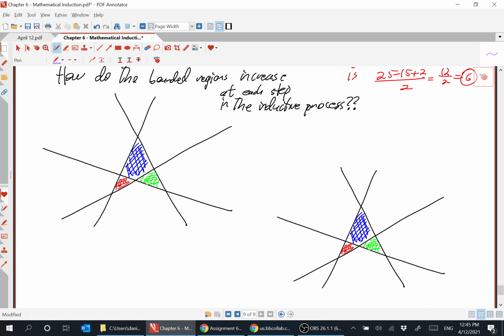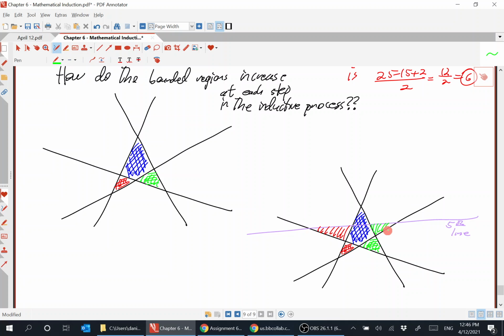So I'm going to take the 5th line and put it in here. Where are the bounded regions increasing? Right, here's this bounded region got cut into 2. This infinite region got cut into a bounded one and an unbounded one. And then this unbounded region gets cut into a bounded one and an unbounded one.